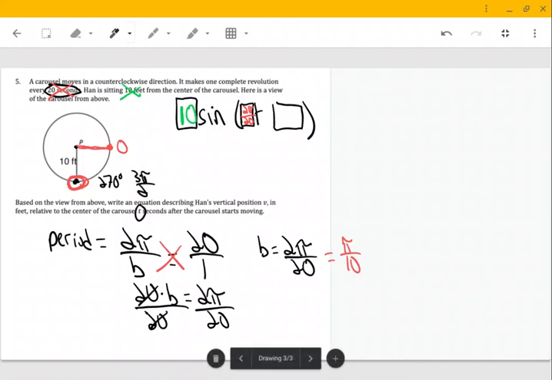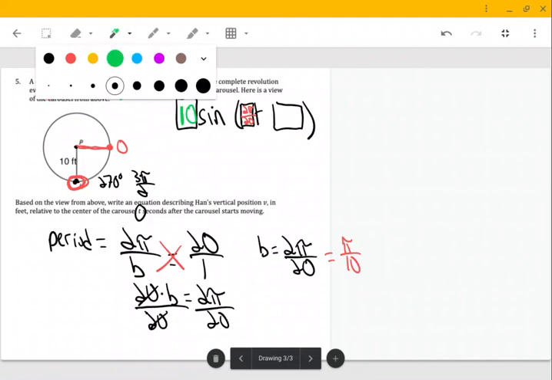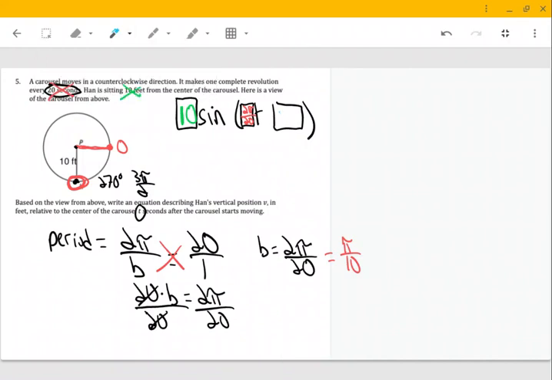So that means the C value is going to be positive 3 pi over 2. So that horizontal shift, or that C value, is going to be positive 3 pi over 2 because that is the angle measurement where Han is starting at.